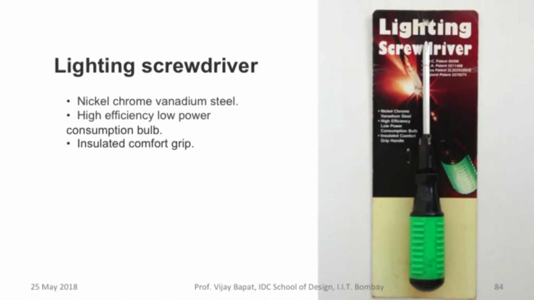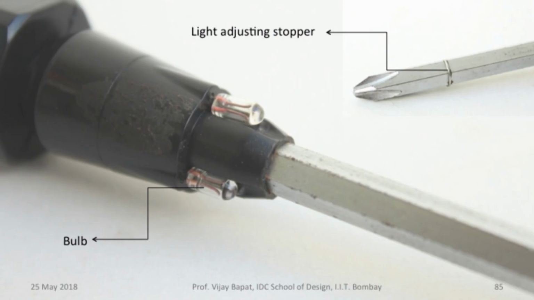Can I provide light on the screwdriver, and this light is further adjusted. If you want more light, you can pull that light source very near to the screwdriver head.